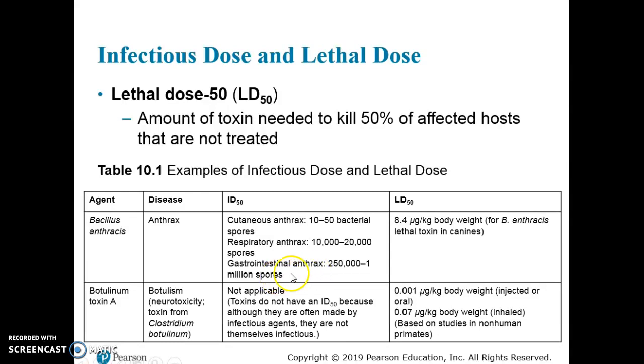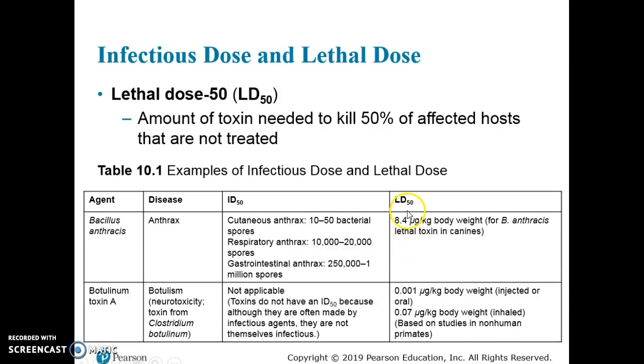All right, and that would be some very heavily contaminated food. All right, this would be food poisoning, but still very problematic. All right, and that's the infectious dose. So at 10 to 50 bacterial endospores, 50% of people would come down with cutaneous anthrax.